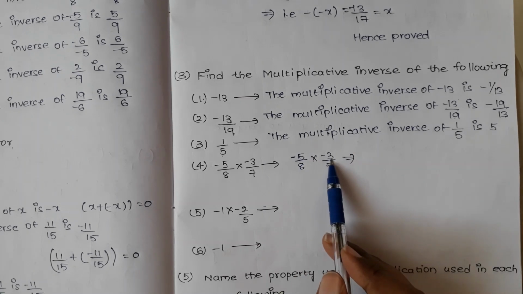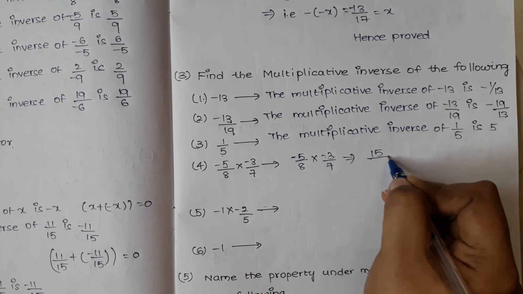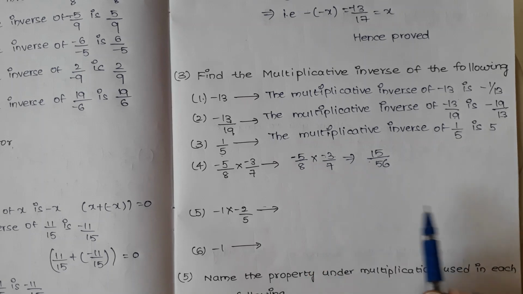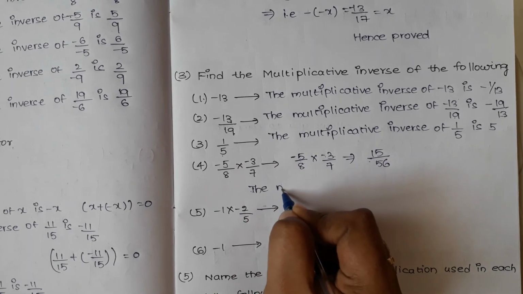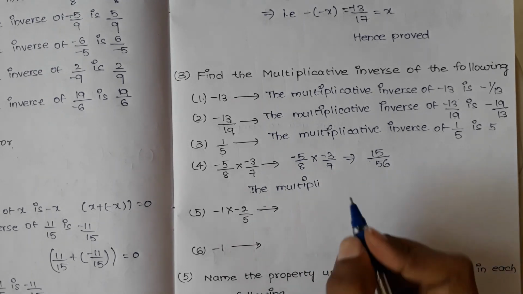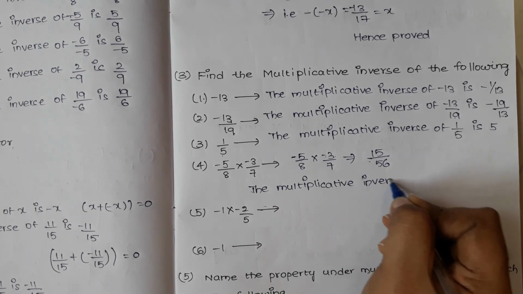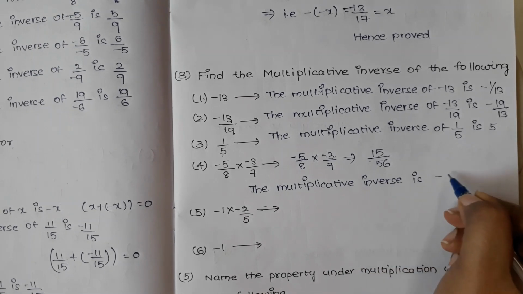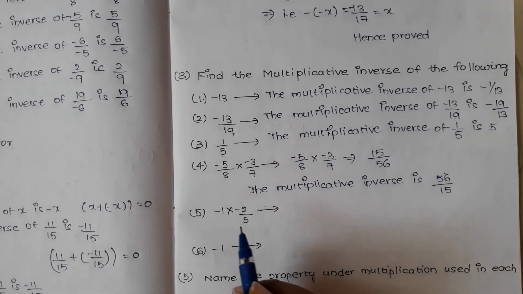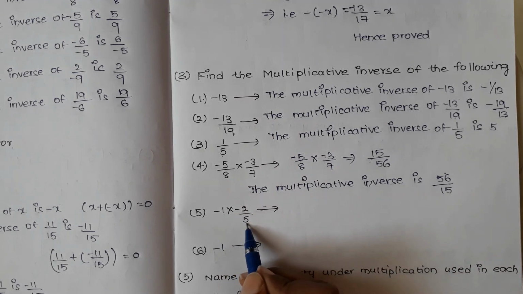Minus 5 into minus 3, minus into minus is plus, 5 3s are 15, by 8 7s are 56. 15 by 56 is the rational number, and the multiplicative inverse is 56 by 15.